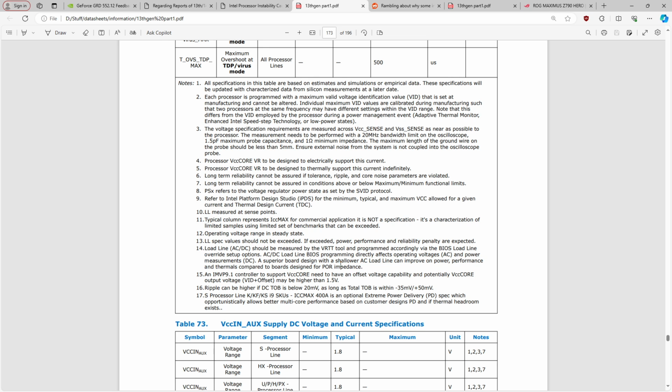They should have probably mentioned that if you set your AC load line too low, it's going to drastically impact reliability. But they of course didn't bother to mention that because, I don't know, they think they're too good for that or something.